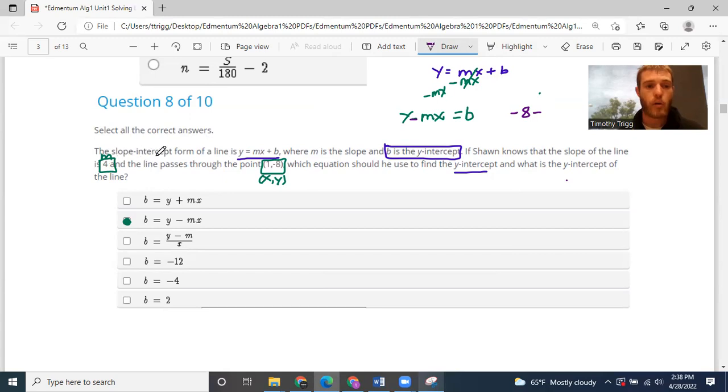So that's 4 times 1. And that'll give us our b. This becomes negative 8 minus 4 times 1, which is 4. Negative 8 minus 4 is negative 12.